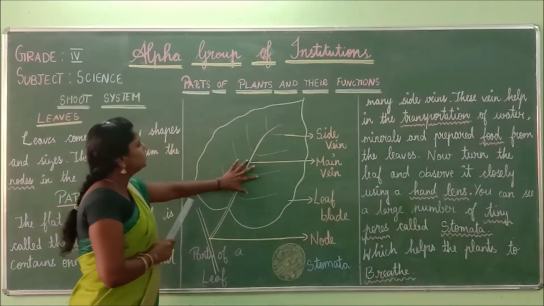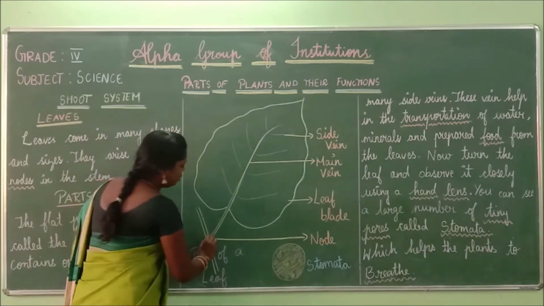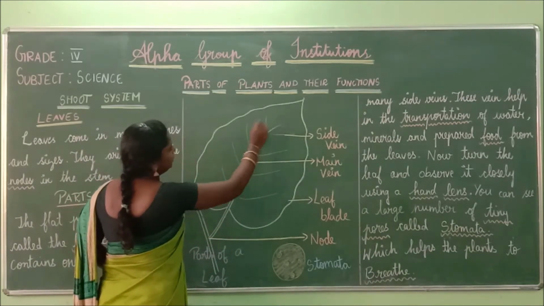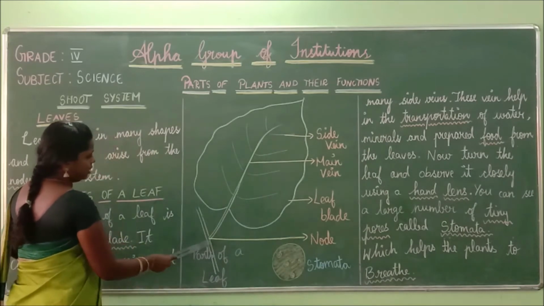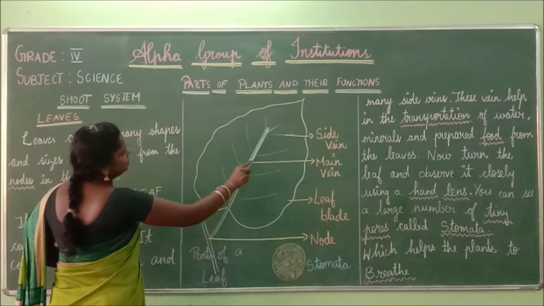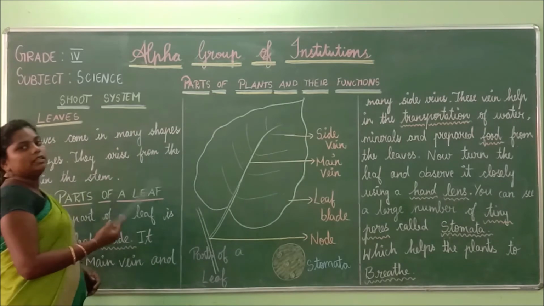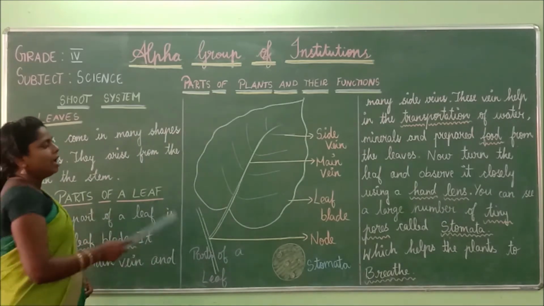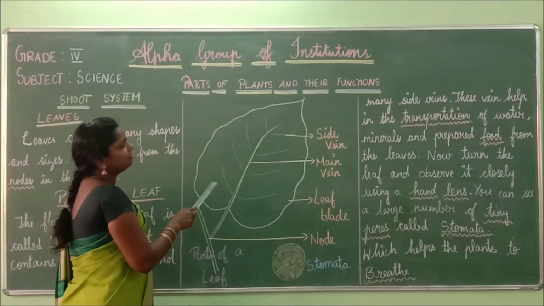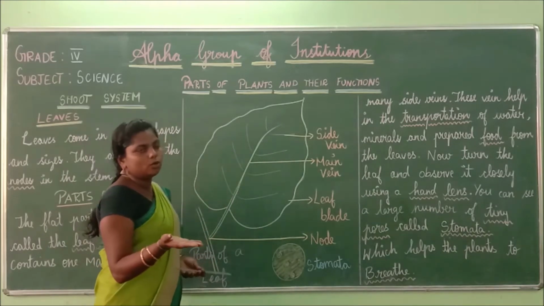These veins help to pass the water and minerals from the stem to the leaf, and the leaf will prepare the food. So now the front part is over.